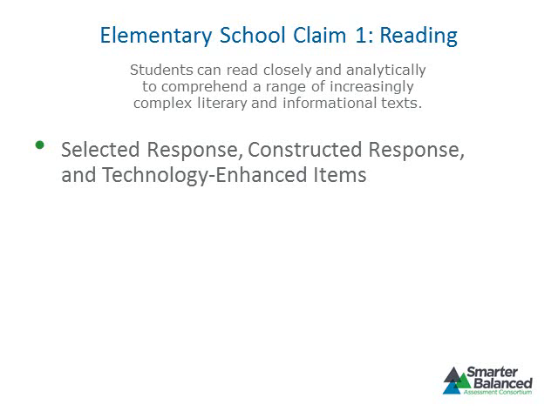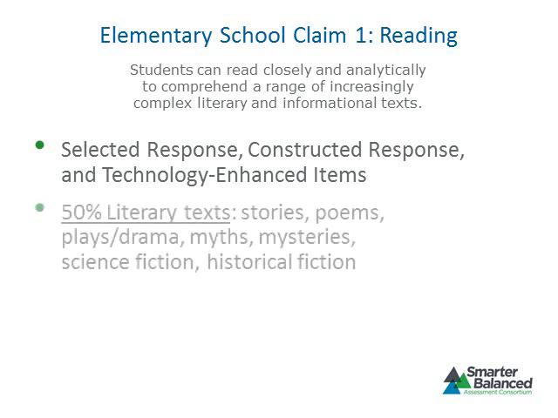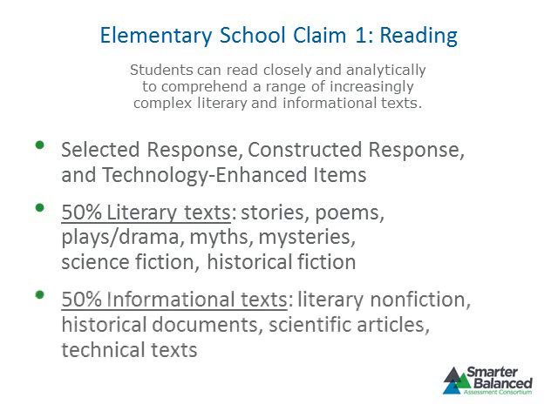All Claim 1 items will be accompanied by 1 or more grade-appropriate passages. At the elementary school level, 50% of items will focus on literary texts such as stories, poems, plays, myths, mysteries, science fiction, and historical fiction. At the elementary school level, 50% of items will come from informational texts and may include literary nonfiction or texts that focus on historical, scientific, and technical topics.